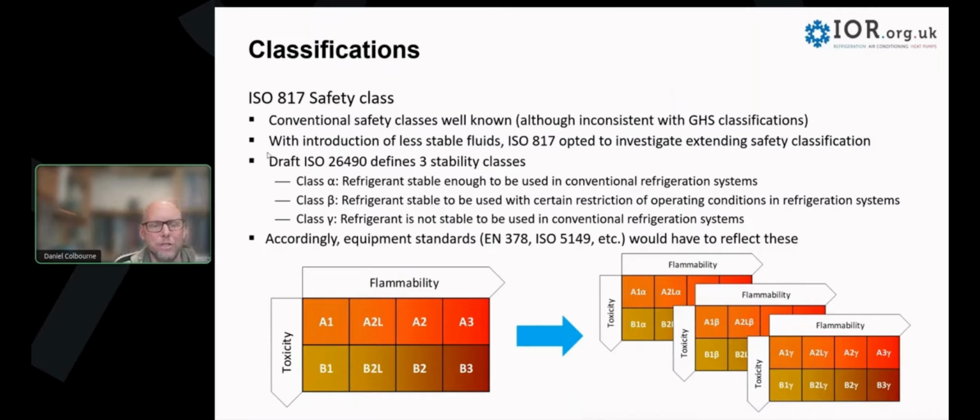A consequence of this, of course, is that the refrigerant classification may become a lot more complicated. So you can see it might range from A1 alpha for lower toxicity, non-flammable, high stability, to B3 gamma being high flammability, high toxicity, catastrophically unstable.